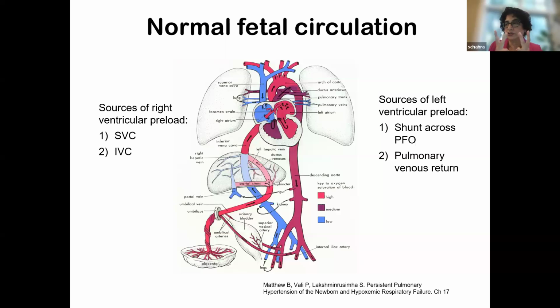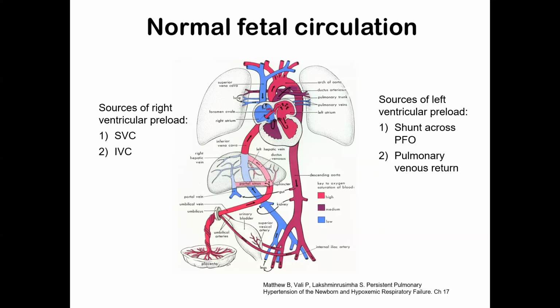So there are two shunts going on in the fetal circulation, and you are all aware of that. One is right to left shunting of blood through the PFO, and the other is right to left shunting through the ductus arteriosus. Okay?